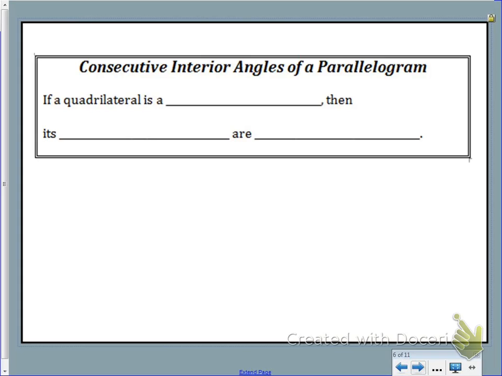Another trait of a parallelogram is dealing with its consecutive interior angles. So if a quadrilateral is a parallelogram, then its consecutive angles are supplementary.